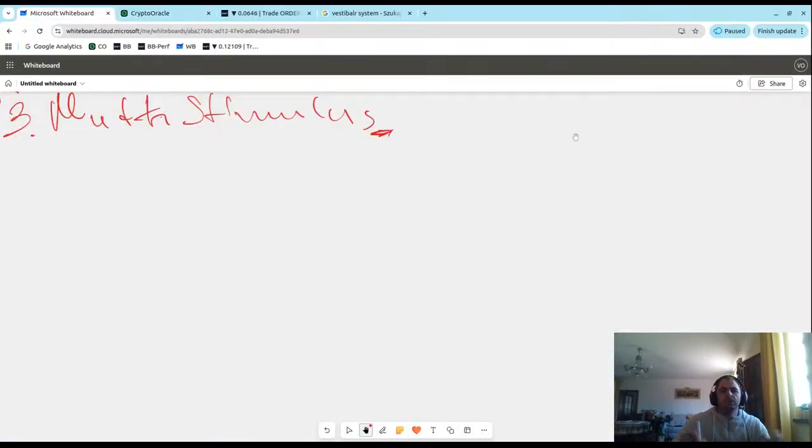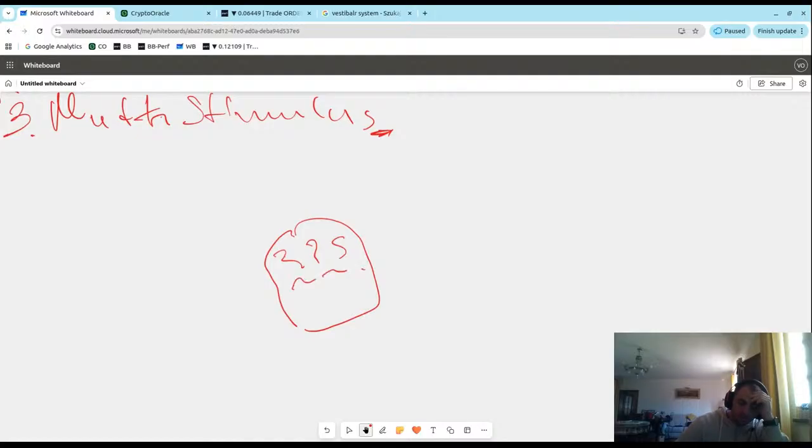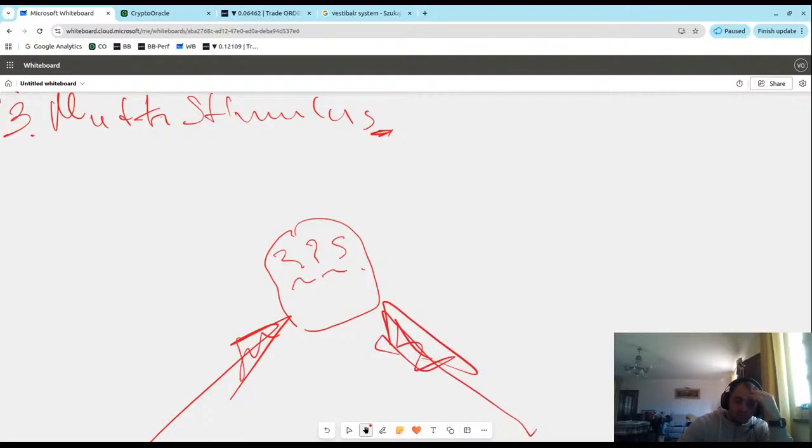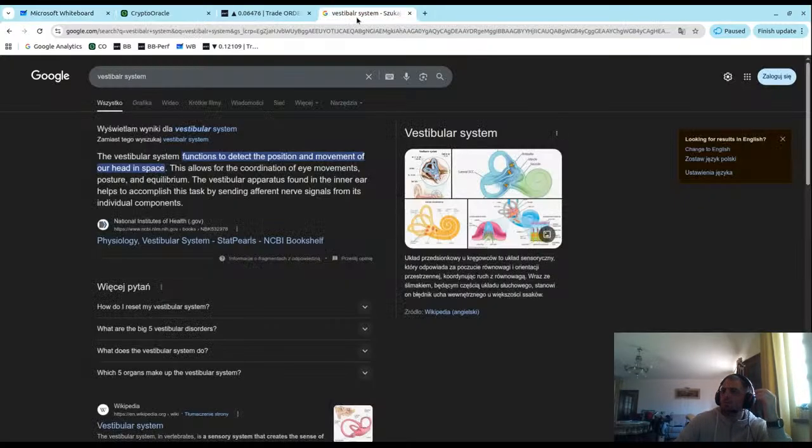Right, so that means if I draw your brain here, with convolutions, you consume stimuli from arms, from legs, and from the ear, which is the vestibular system.